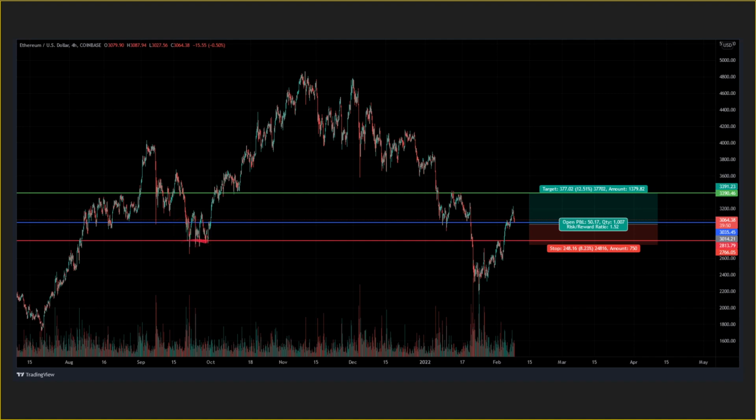This fell as a level of support. Price did not fall lower than this, about $2,800, maybe $2,700, give or take. We did see this one particular wick down here, but the majority of this price pattern stayed within this range. And here we could say that this is a significant support level over here.